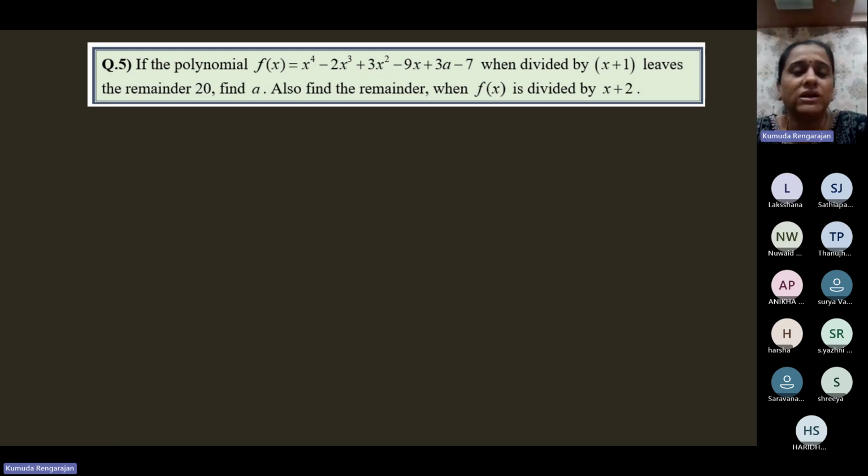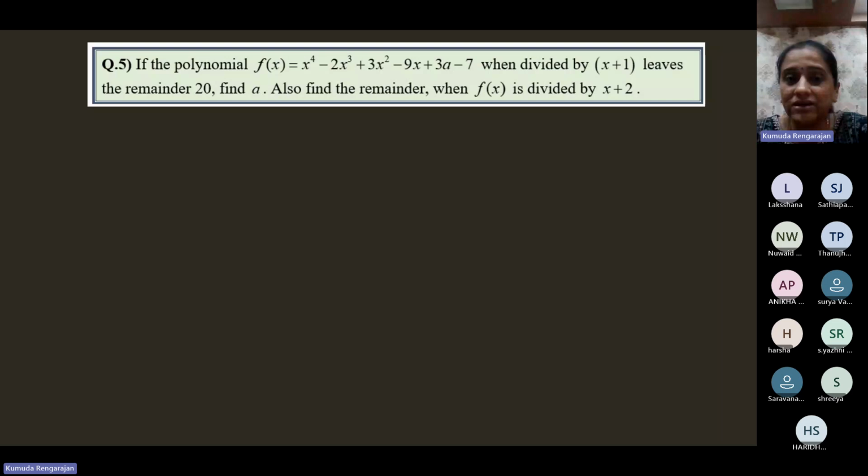Look at this question. If the polynomial f of x equals x to the power 4, and we see the highest power is 4, so biquadratic, x power 4 minus 2x cubed plus 3x square minus 9x plus 3a minus 7. When f of x is divided by x plus 1, you can see x plus 1 is linear.